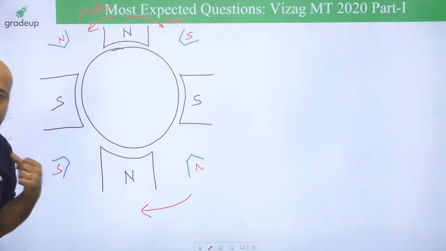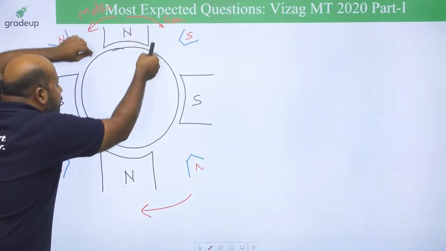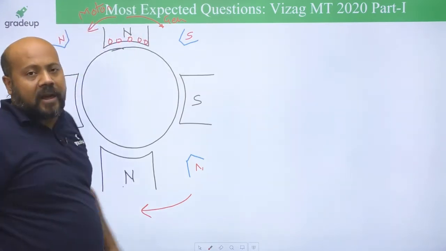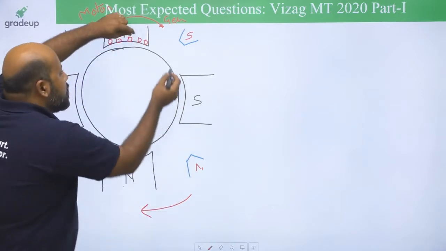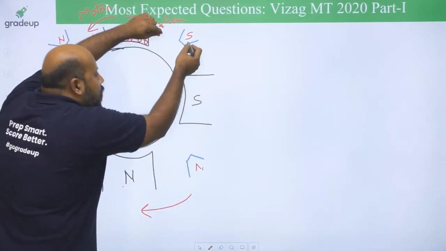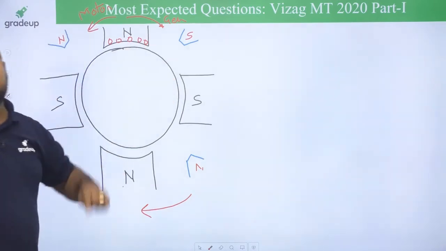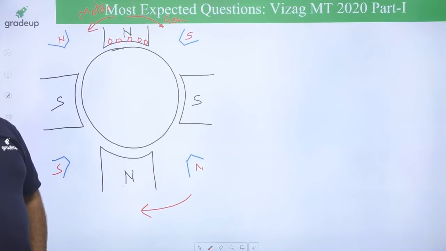But what is the purpose of interpoles? The compensating windings compensate the cross magnetizing effect of the armature reaction under the polar region, whereas these interpoles neutralize the cross magnetizing effect of the armature reaction under the interpolar region. Are you getting this or not?